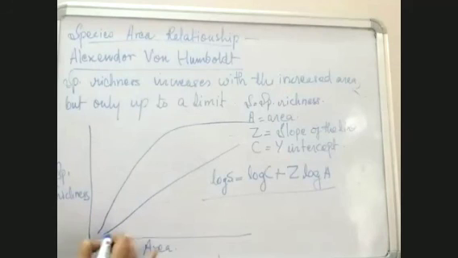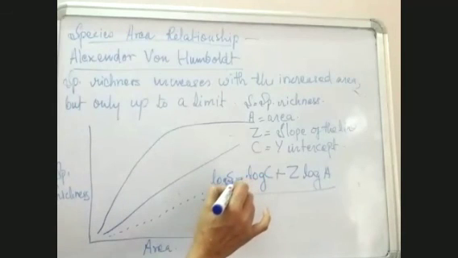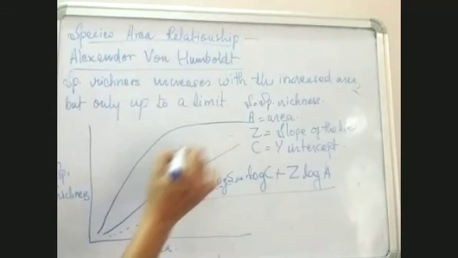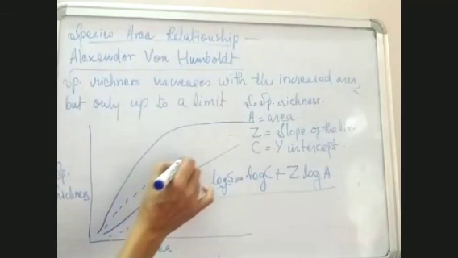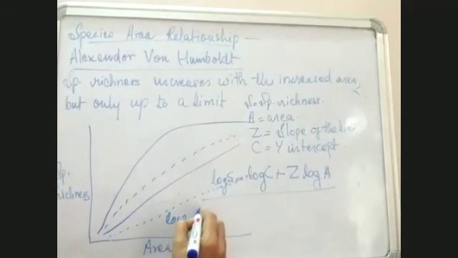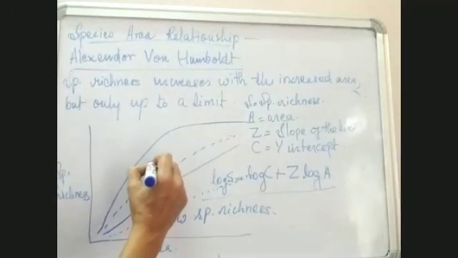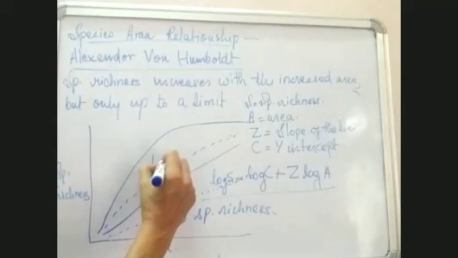If there is another slope which we get like this, that means in this slope there is low species richness as compared to Z of this. This is high species richness.